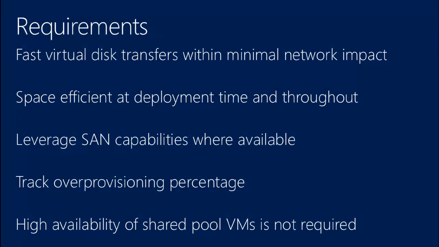Every VM that gets spun off of that base VHD, if you're using diffs, again, you want them to be space efficient. If the SAN supports deduplication, you can turn on deduplication at the SAN level. You can use VMM to track any kind of over-provisioning that you might have done in your environment.